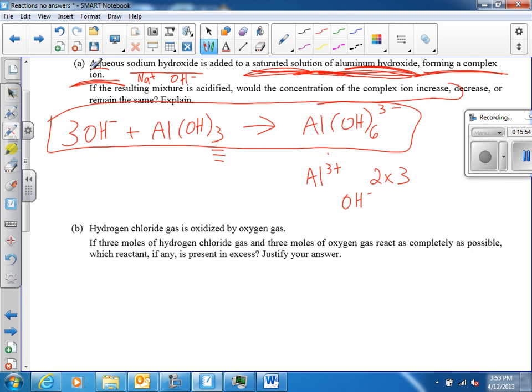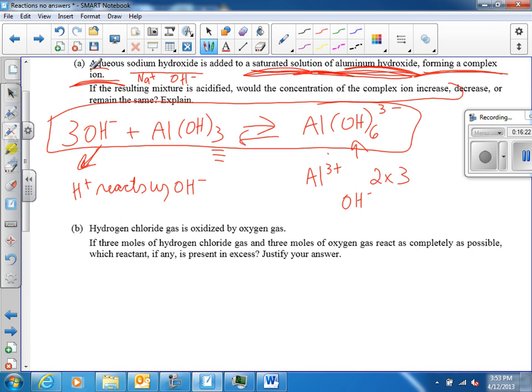And if the resulting mixture is acidified, we add some acid. What would happen to the concentration of the complex ion here? So, if we add some H+, the H+ reacts with the OH-, which means we are removing some OH-, and apparently this reaction is reversible.